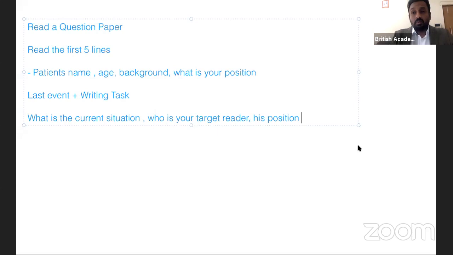If you get to know these things, it will be pretty easy for you. You'll also be able to confirm the diagnosis or the problem the patient is suffering from right now. You'll get that in the last event.